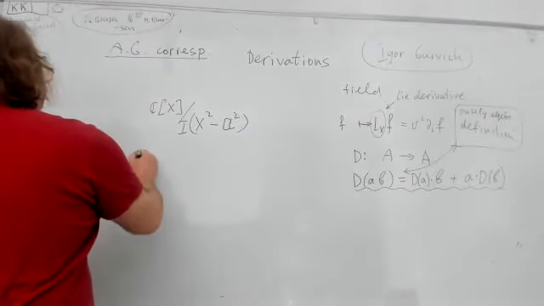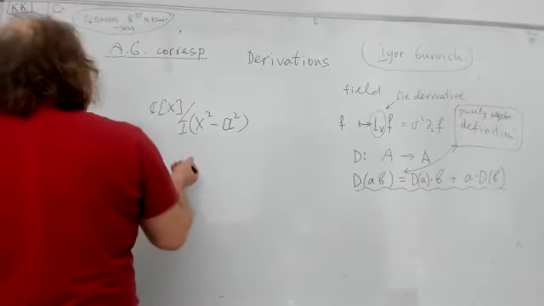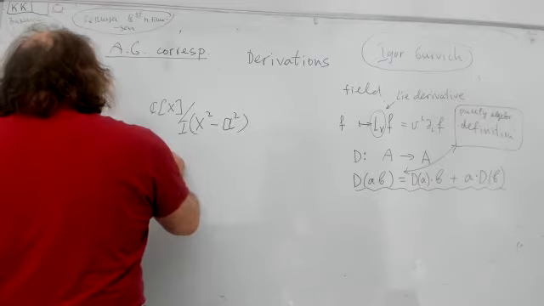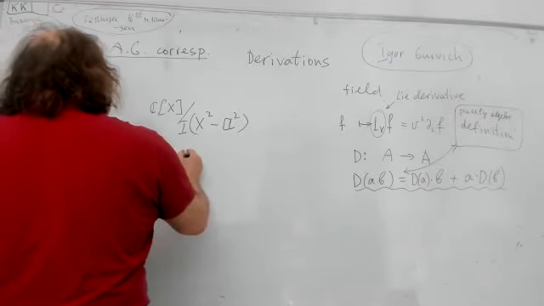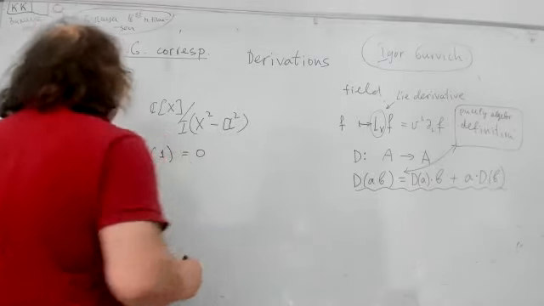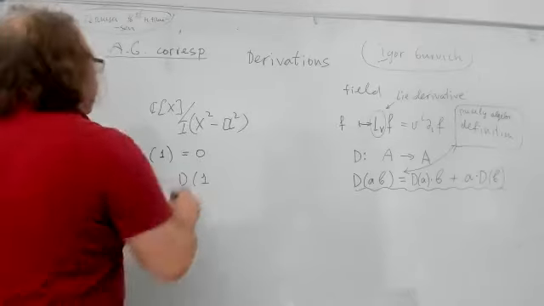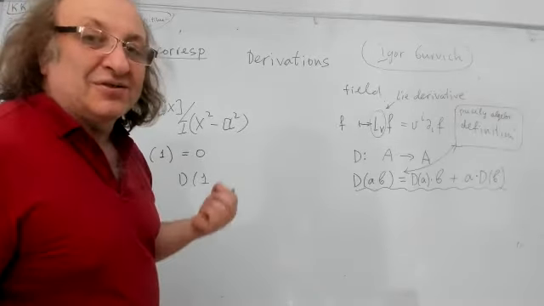So, what is D? First of all, let us check that D of 1 is always 0. How can I prove it? Sorry, D, not a double point, but 2 points. At the moment, 2 points, but of course I'll consider the double point later.